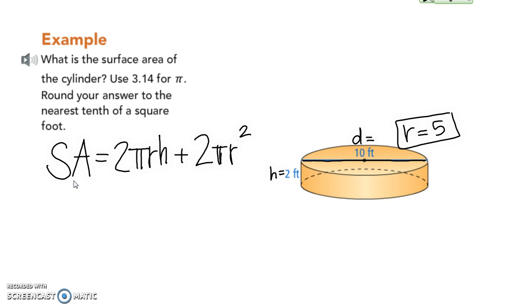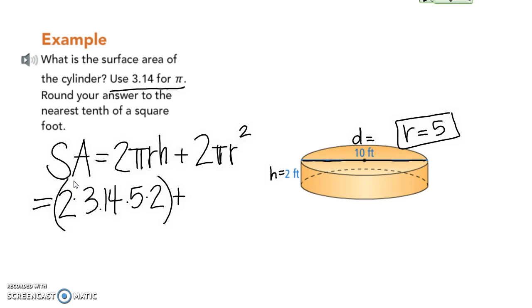So now plugging into my surface area formula, they told me to use 3.14 for pi. So 2 times 3.14 times the radius, 5, times the height, 2, plus, I'm going to do all that together. You can put parentheses around it. 2 times 3.14 times the radius squared, 5 squared.